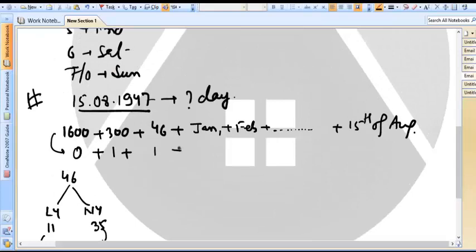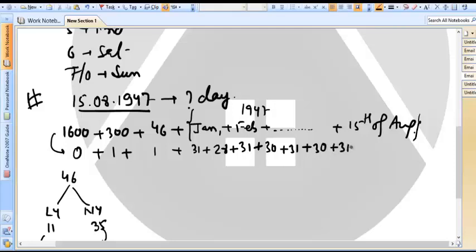Now from January till 15th, I'll write January, February, 1947. This is the 1947th year, it is not a leap year. So this February will have 28 days. February, March, April, May, June, July, August.